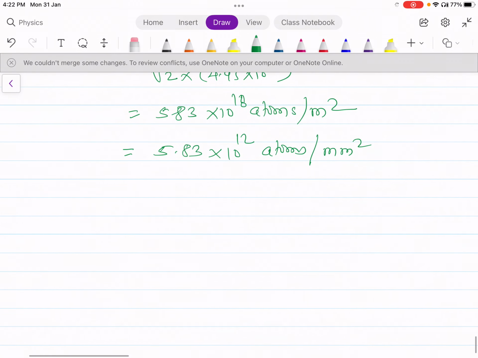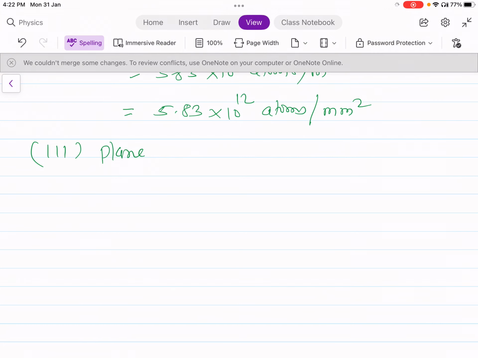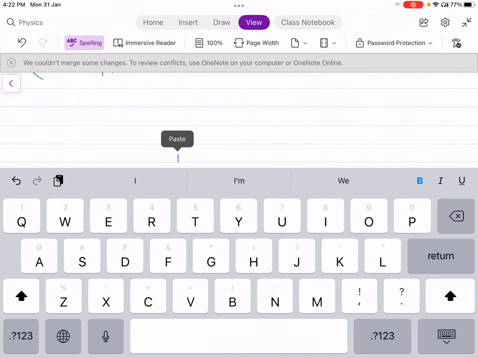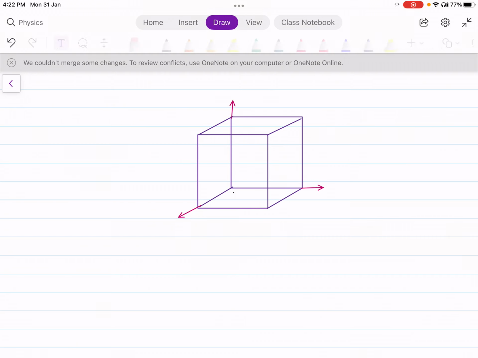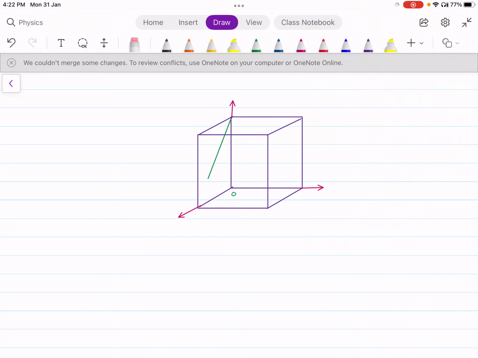Then for the 111 plane, let us first draw the 111 plane. This is the unit cell, origin, and plane.